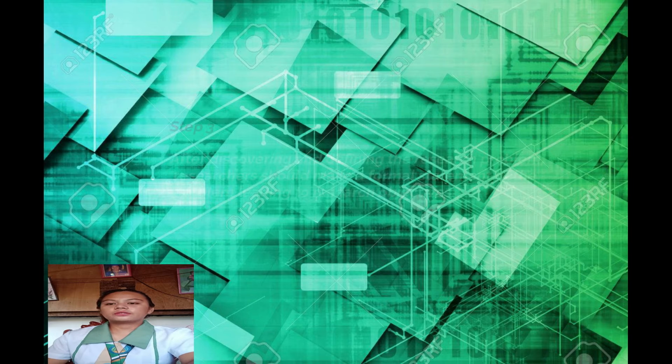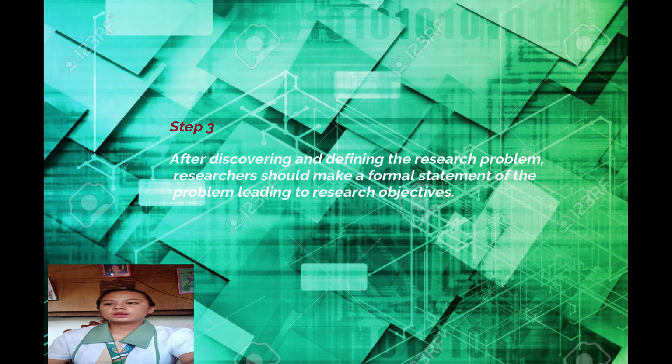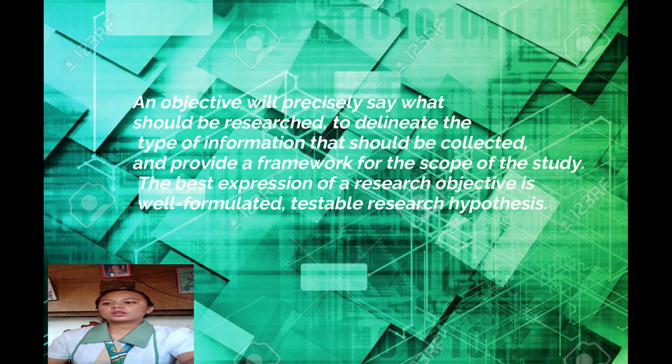Step 3. After discovering and defining the research problem, researchers should make a formal statement of the problem leading to research objectives. An objective will precisely say what should be researched, to delineate the type of information that should be collected, and provide a framework for the scope of the study.